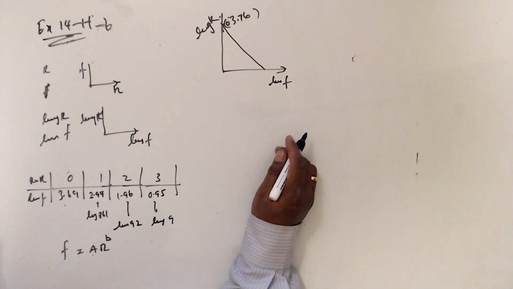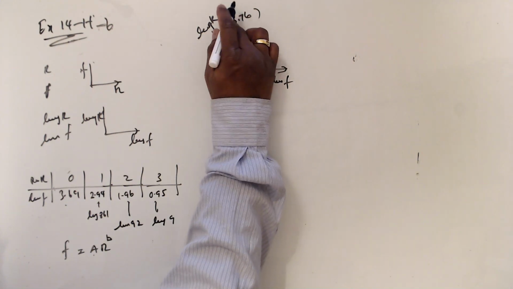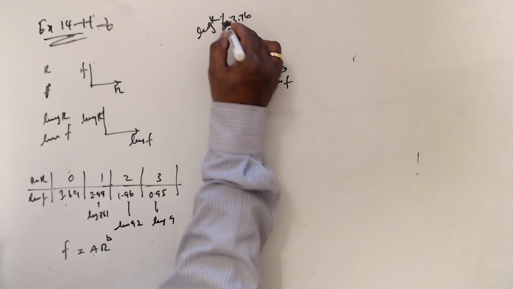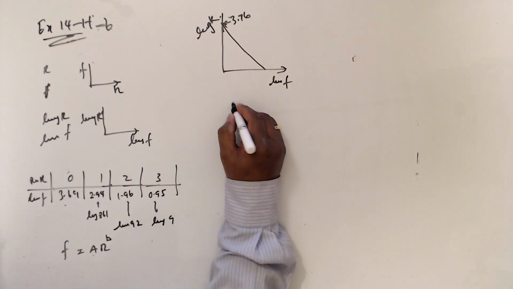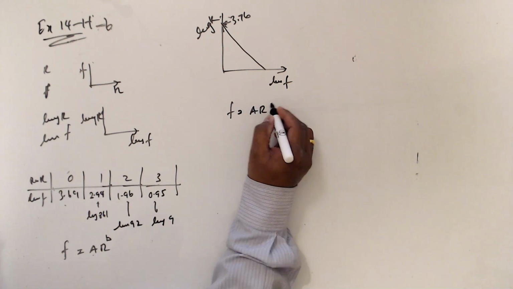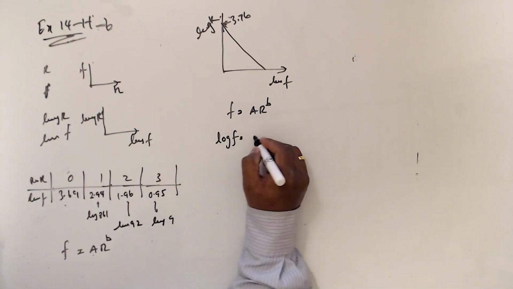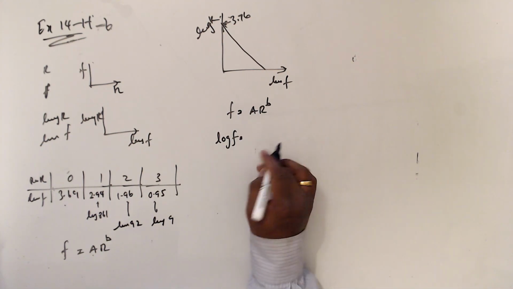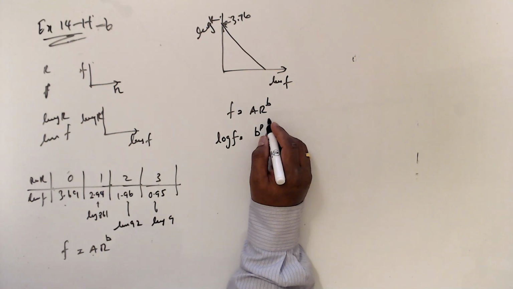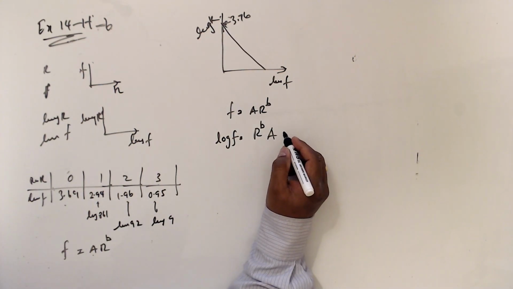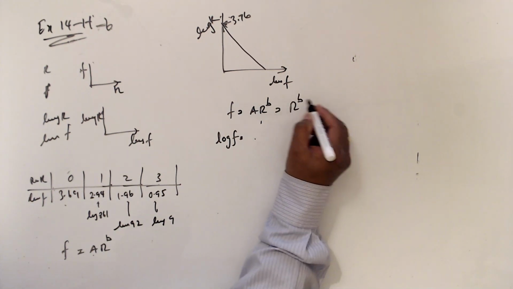When you draw this graph, you will get log f and log r. You will get 3.76 approximately. Then we will find now f equals a r^b. We'll put log f equal to log of r^b times a.